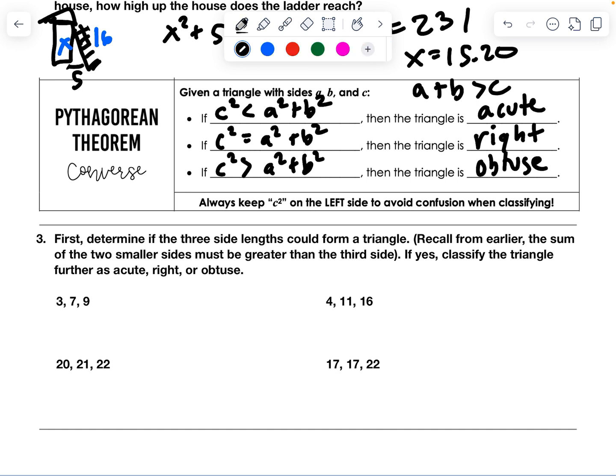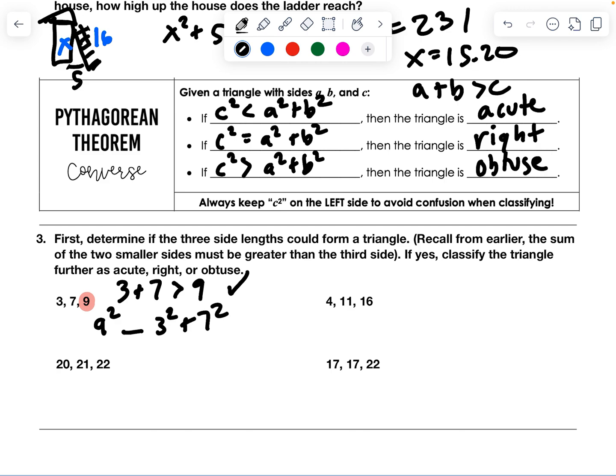So the first thing we're going to do is identify C. C is 9 in this case. So if I take 3 plus 7, is that greater than 9? Yes, so this is a triangle. Now I have to take 9 squared and compare it to 3 squared plus 7 squared.